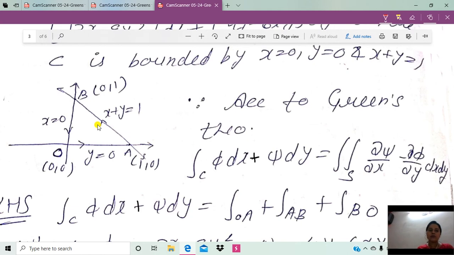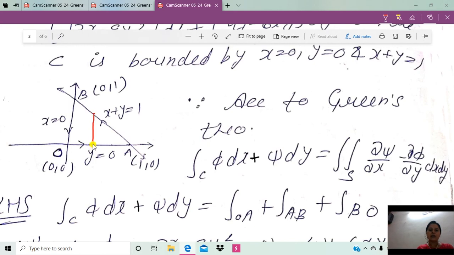So to find the limits of y, this is the surface, so we make a strip which will be parallel to y-axis. So this will be the lower limit of y, and this will be the upper limit of y.